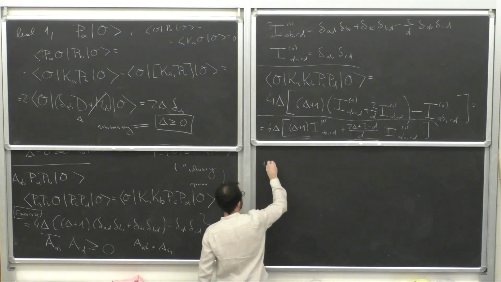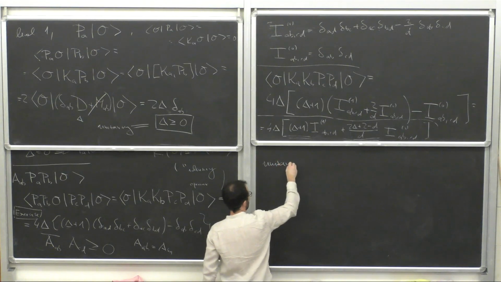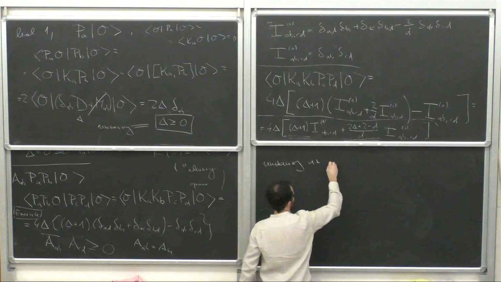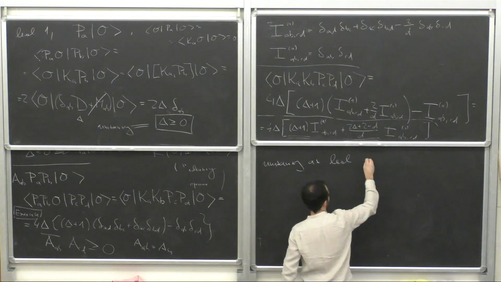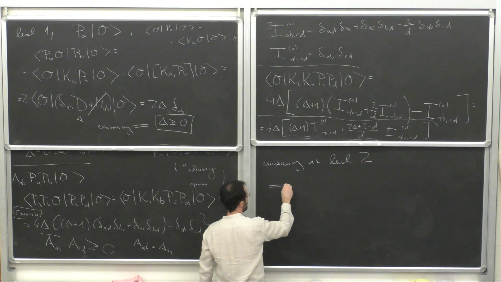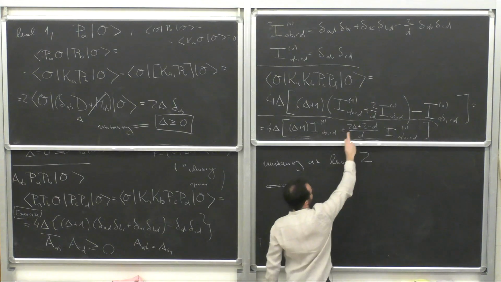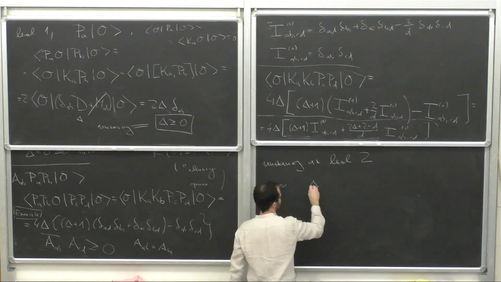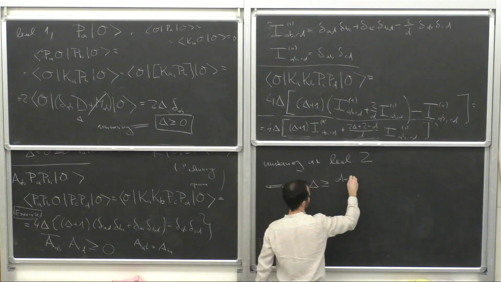So we have unitarity at level 2. Level just means number of P's. Is equivalent to that being positive, which is the statement delta is greater than d minus 2 over 2.